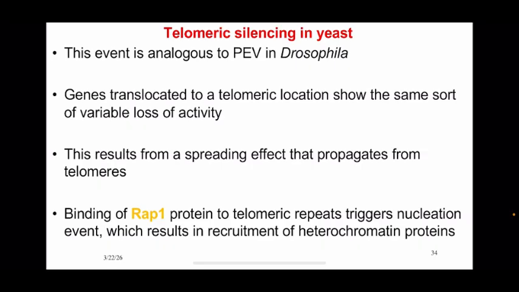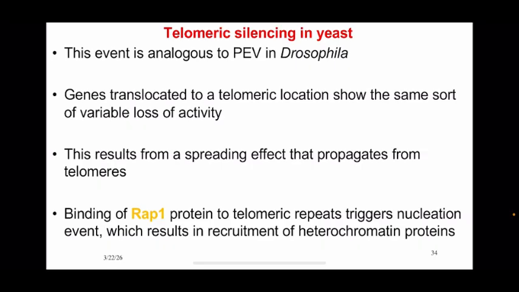So genes translocated to a telomeric region show the same sort of variable loss of activity, because the telomeric regions, as I said, just like the centromeres, are permanently heterochromatic. So if the genes are translocated to these regions, they are going to incur loss of activity, or they are going to be inactivated.